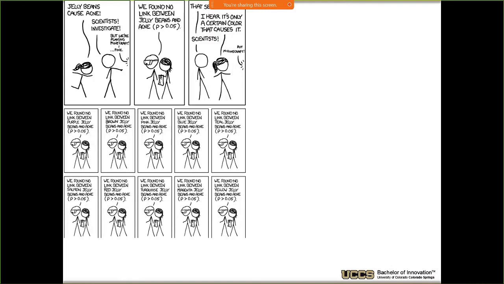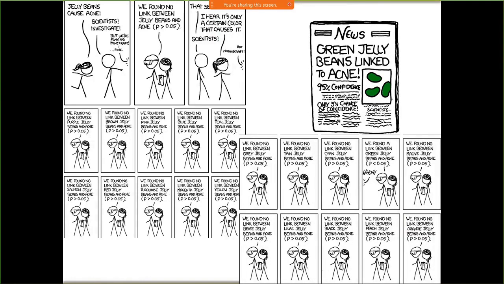No, I hear it's only certain colors that cause it. So scientists go run your test again. Then they run, nope, no correlation with purple, nothing with brown, nothing with pink, nothing with blue, nothing teal, salmon, red, turquoise, green, jello. Oops. Keep going, and eventually we found a link with green.